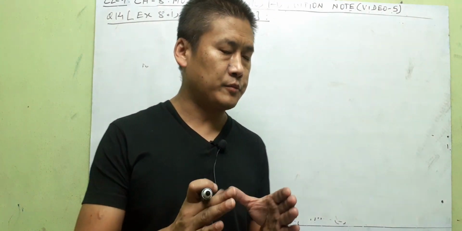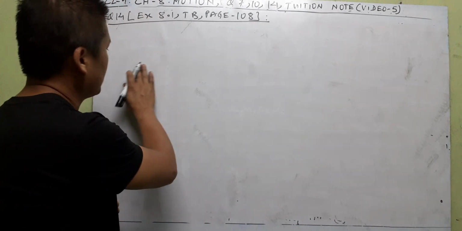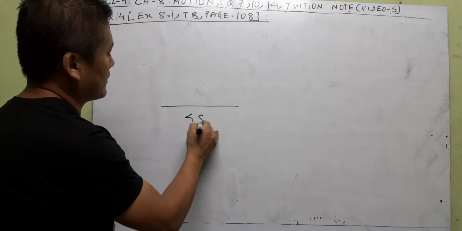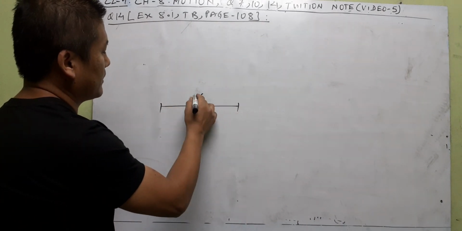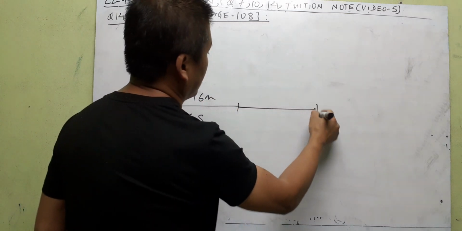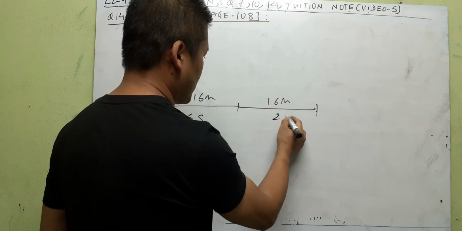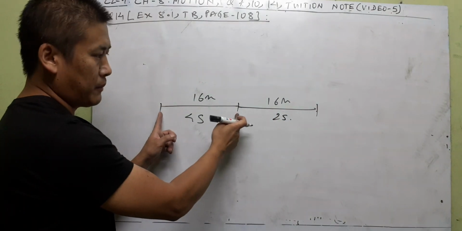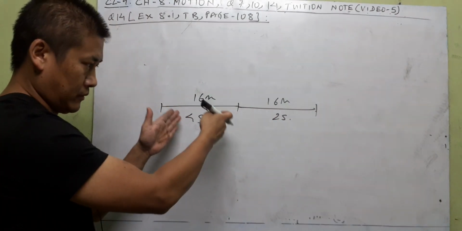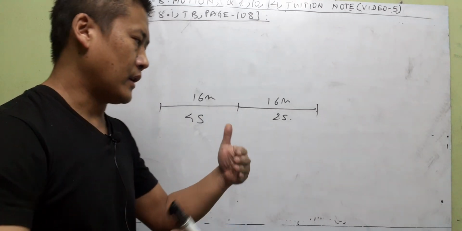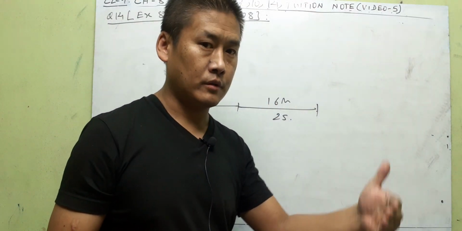So we have to find average speed because this body is not in uniform motion. In the first 4 seconds, it covers 16 meters. And it covers another 16 meters, it means 32 now, in 2 seconds. So time is different, you see.